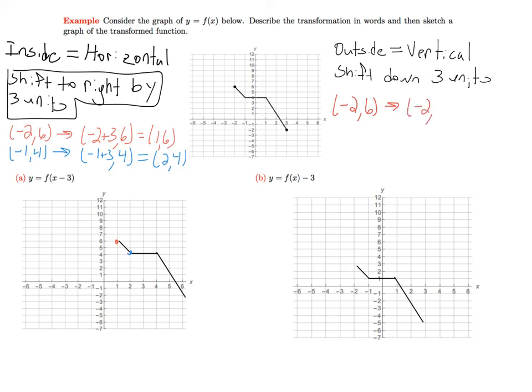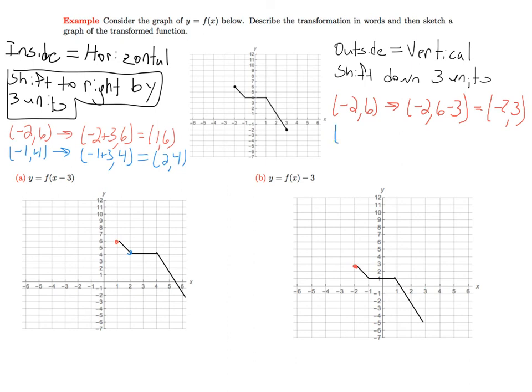So the x-coordinate doesn't change, the y-coordinate we subtract 3 from, and this puts us at minus 2, 3. And that's this point over here that I've marked in red.